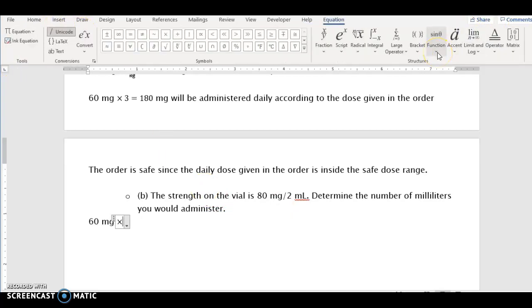All right, and multiply by 2 milliliters. So we're going to flip this over. So multiplied by 2 milliliters over 80 milligrams.